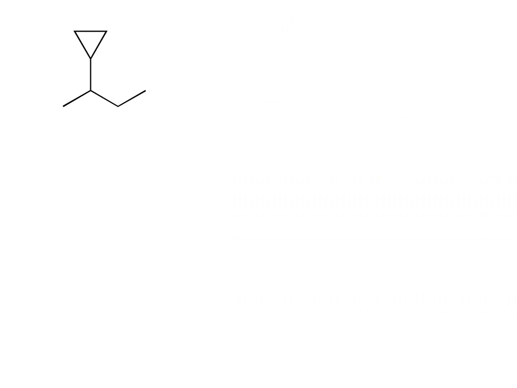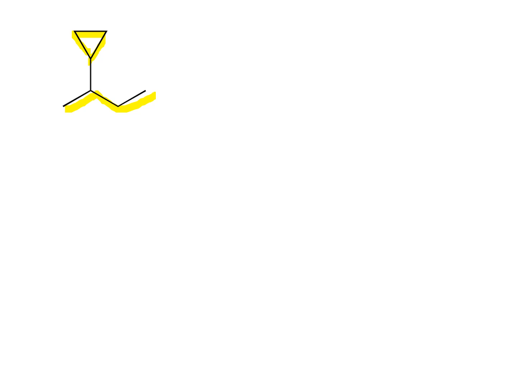So let's see how to name this compound. We need to identify which one is the main chain and which one is the branch, or in the case of a ring we call it a substituent, and basically the main chain is the bigger one. So in this case we have a chain of 4, 1, 2, 3, 4, so that would be butane, and attached to it there is a cycle of 3.